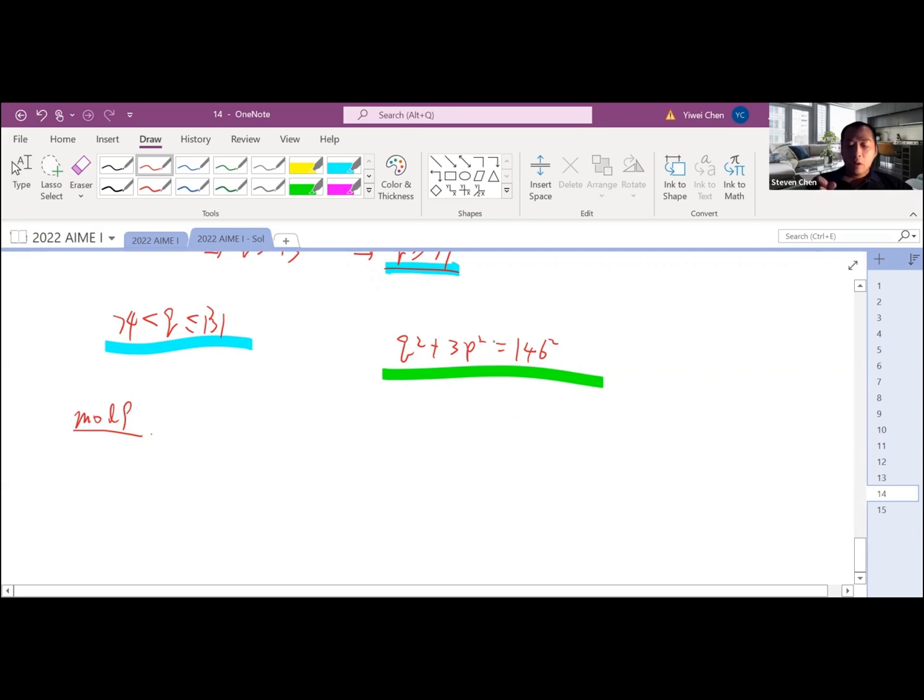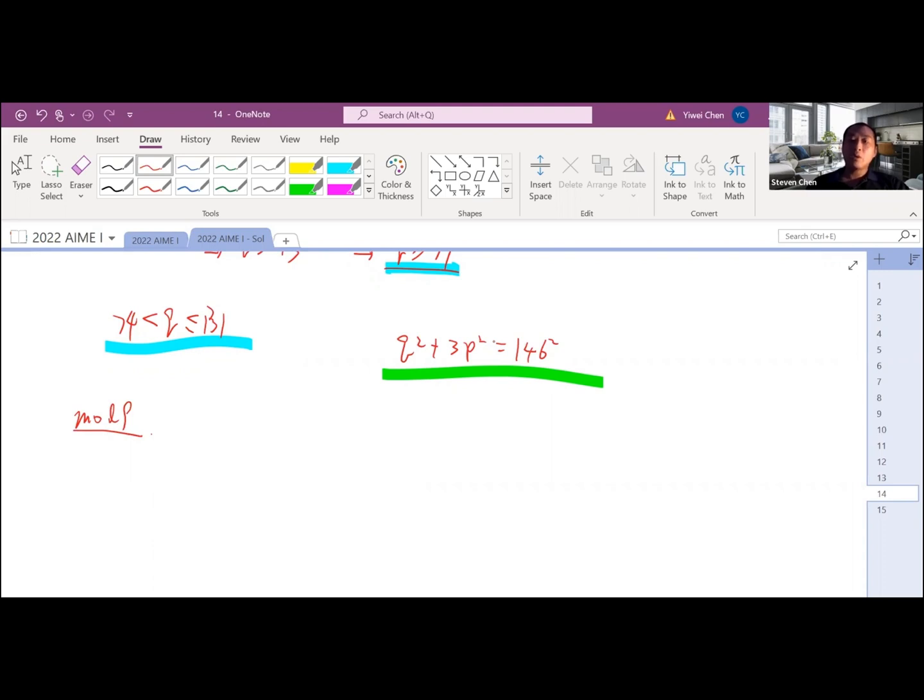Okay. What about 3P squared? So modulo 9, when we compute the congruent number of 3P squared, it is equivalent for us to compute the congruent number of P squared modulo 3, right? Because we have the coefficient 3. So for a perfect square modulo 3, it can only be congruent to 0 or 1.